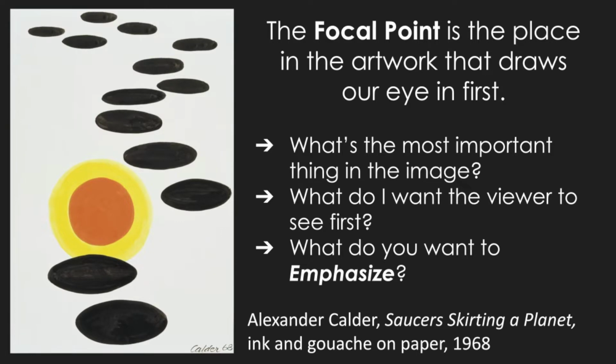So when you're making a work of art, you want to think about what's the most important thing in the image. What do you want the viewer to see first? And what do you want to emphasize? So again, using our understanding of emphasis to create that focal point and make sure it stands out. So if we're looking at this focal point here, this is very clearly a focal point, right?